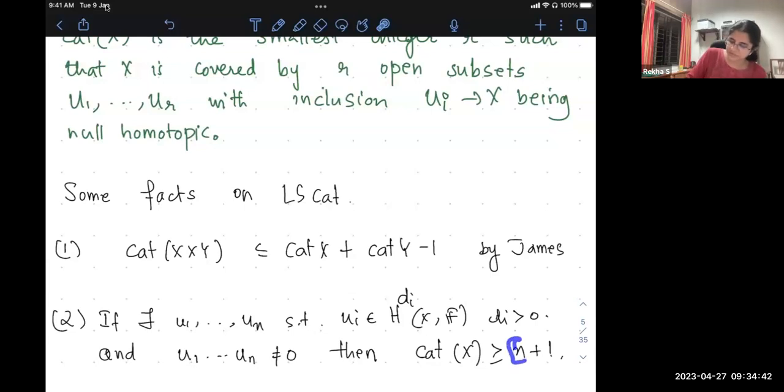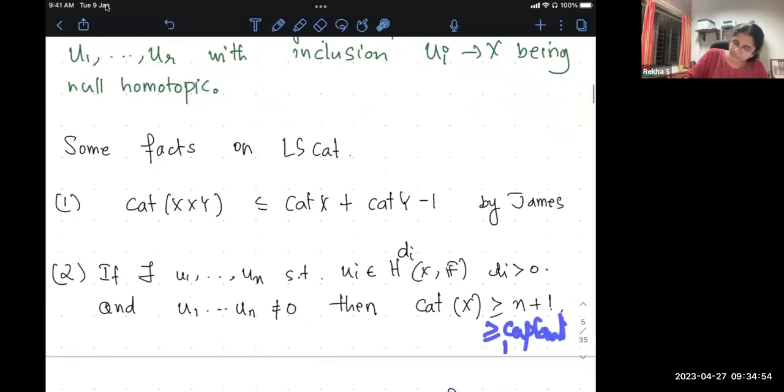So finding the largest such n is called the cup length for X in this case. And so another way to see this would be that cat of X is bigger than or equal to cup length plus 1.